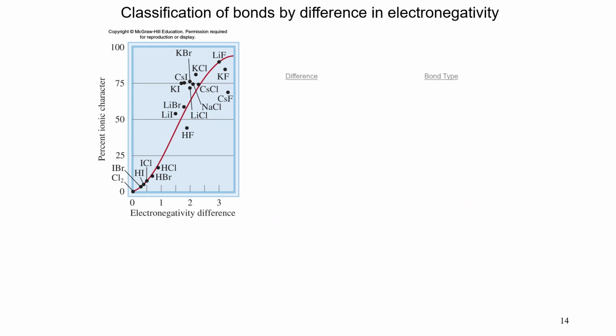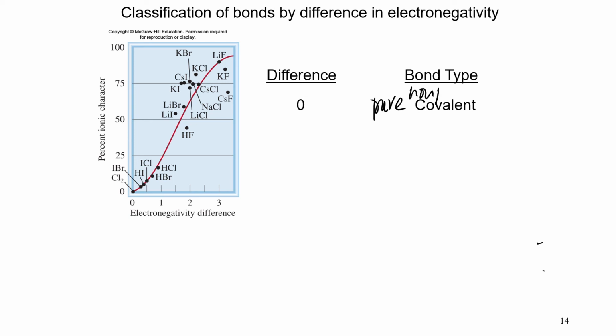So we can classify bonds by the difference in electronegativities between the atoms that are bonding together. So if there's zero difference, we have, and I'm going to add something here, a pure covalent bond, or pure nonpolar covalent bond.